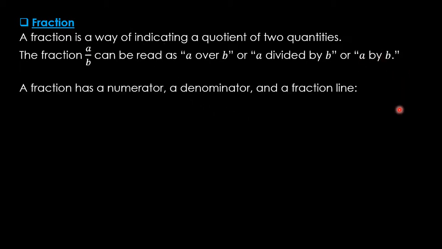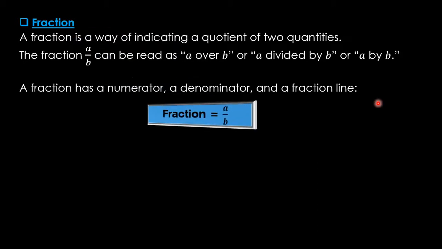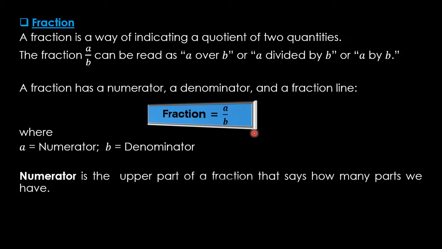A fraction has a numerator, a denominator, and a fraction line. So this is a fraction example. a is the numerator, b is the denominator, and this line is the fraction line. This is also part of this fraction. What is the numerator?